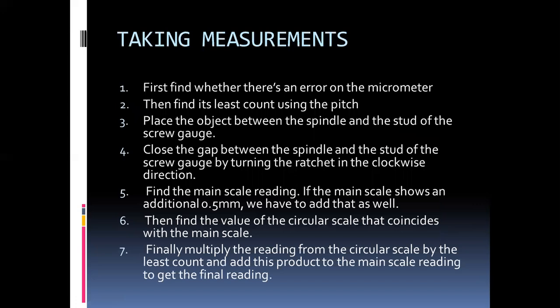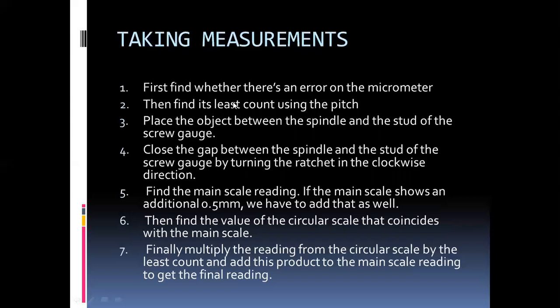Then how to take measurements with the help of a screw gauge? First of all, the very first step when any measuring instrument is given to you is to find whether there is an error present in the measuring instrument or not. So as you are having a micrometer or a screw gauge, you will find the zero error, whether it's positive or negative, find it and write it down separately.